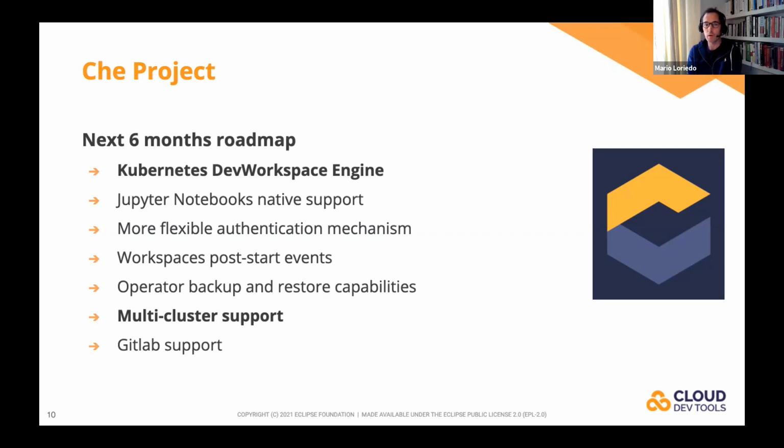So we are using a Kubernetes controller, a component that extends the Kubernetes API to make the Kubernetes controller able to start development environments. That's the Dev Workspace engine. And so we are switching to that Kubernetes native component to be able to start Che workspaces.